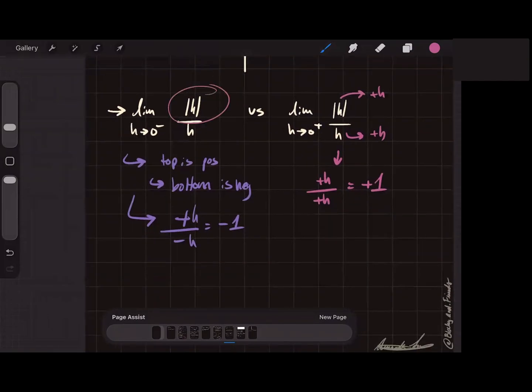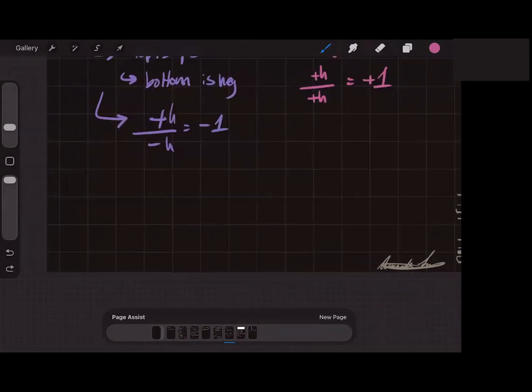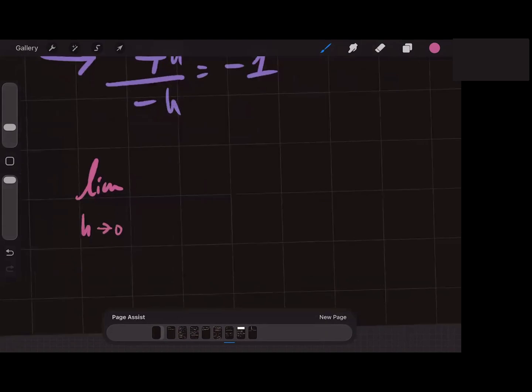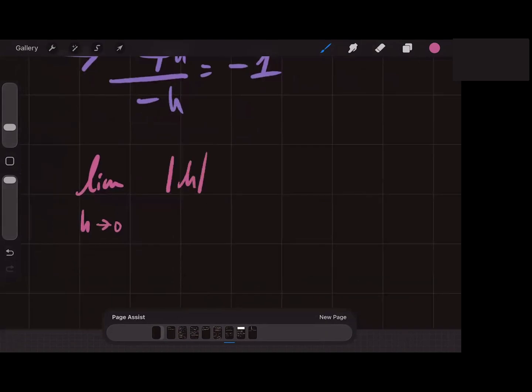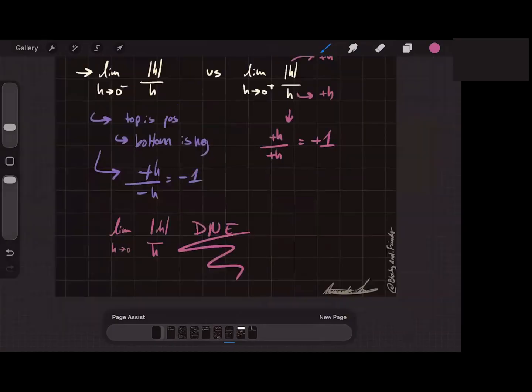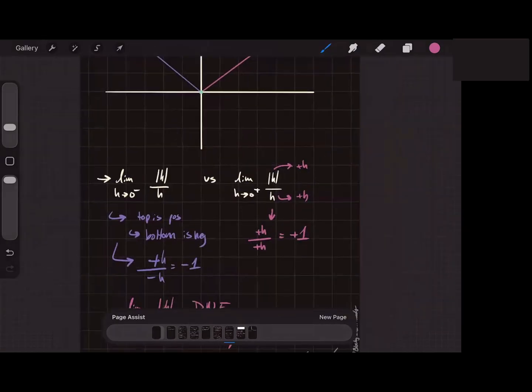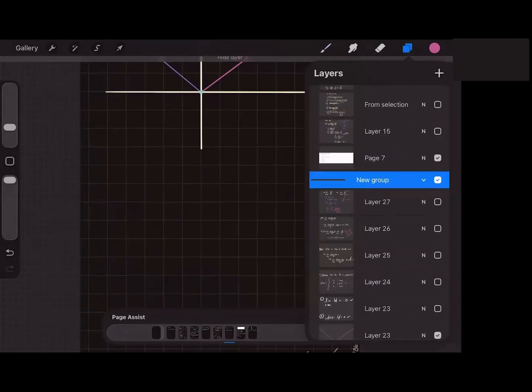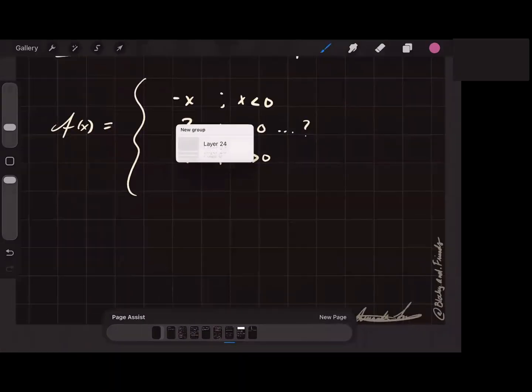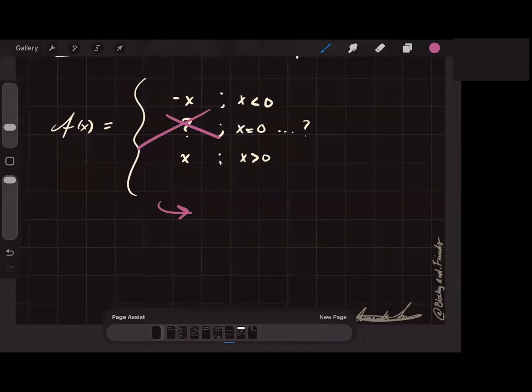On the other hand, coming from the left, top is positive, bottom is negative, positive h over negative h is negative 1. And so the limit as h approaches 0 of absolute value of h over h does not exist. If that doesn't exist, then neither will this.